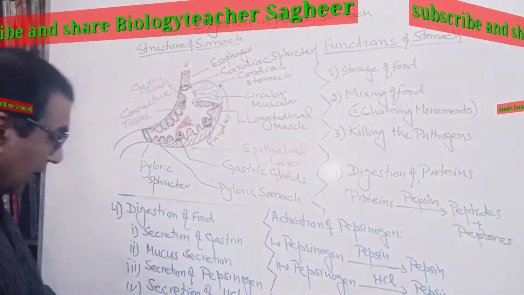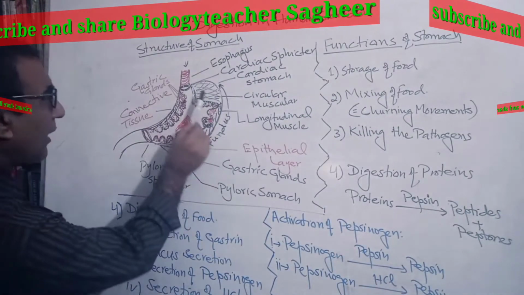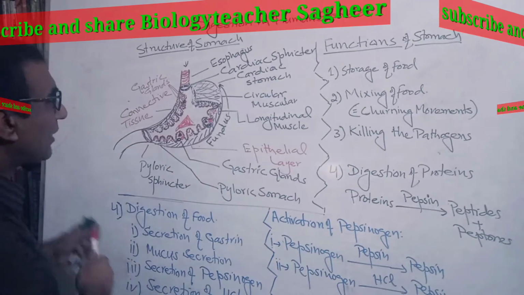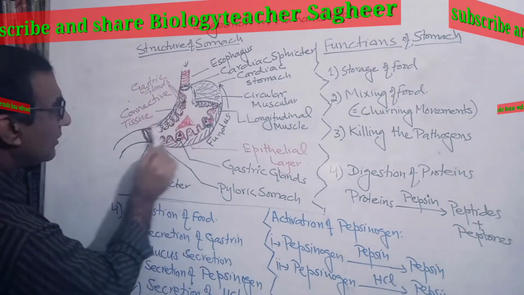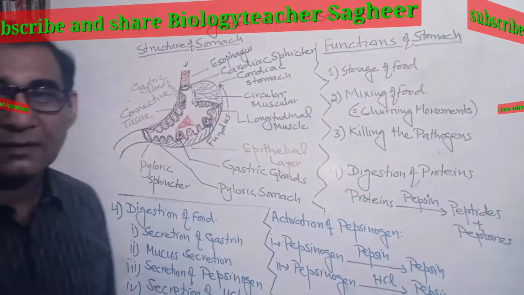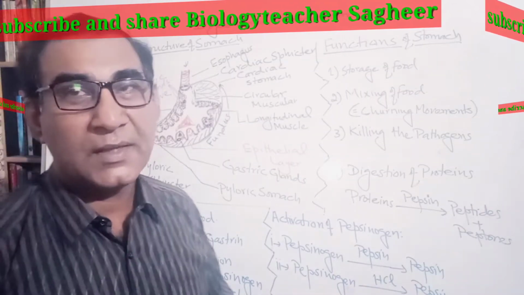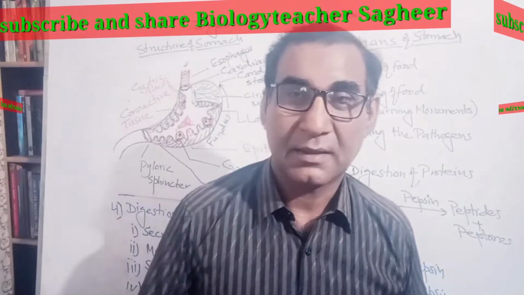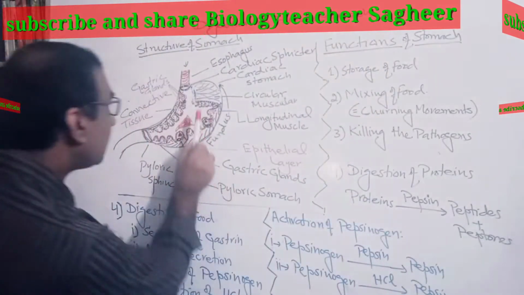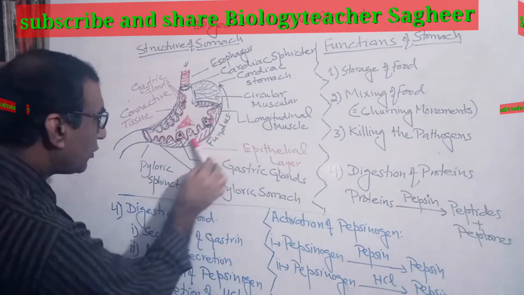Now you can see the outermost layer. This layer is the connective tissue layer. Inside the connective tissue are two layers of muscles: the circular muscles and longitudinal muscles.